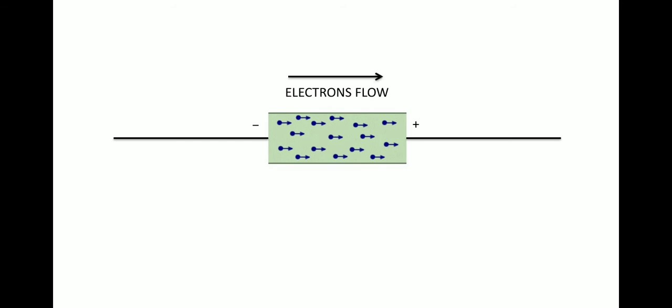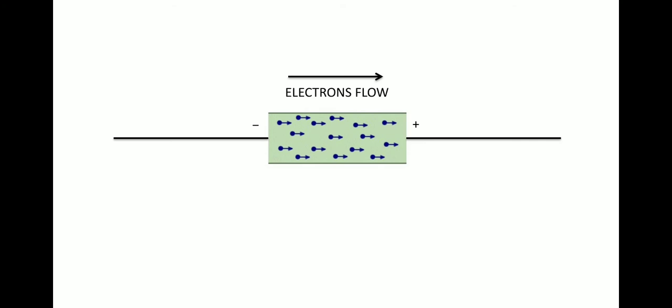from the negative towards the positive terminal, but we always take any flow from the higher potential to the lower potential. For example, water flows from the higher altitude towards the lower altitude, or from a high height to a low height.